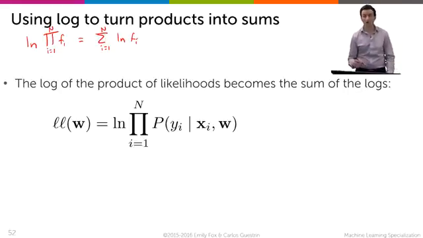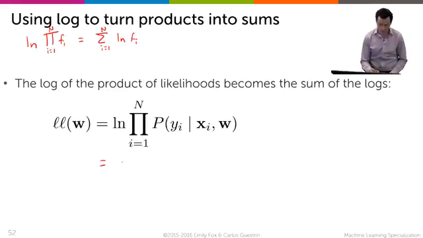So the log of the product is the sum of the logs. And so in our case, what we're going to get is that the log likelihood function is going to be the sum over i equals 1 through n of the log of the probability of y_i given x_i and w.